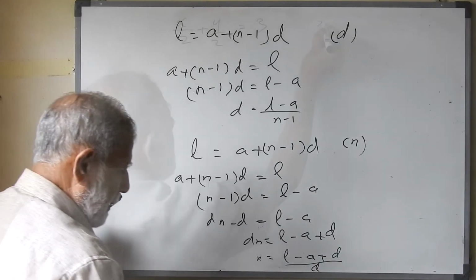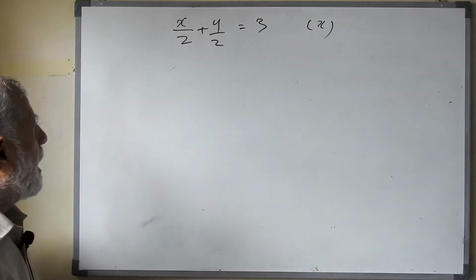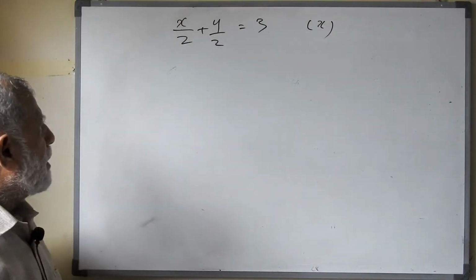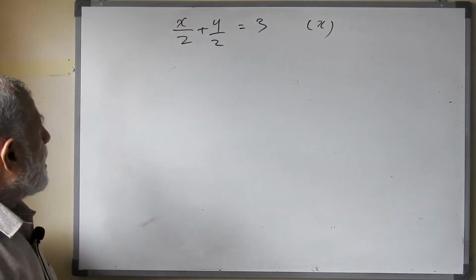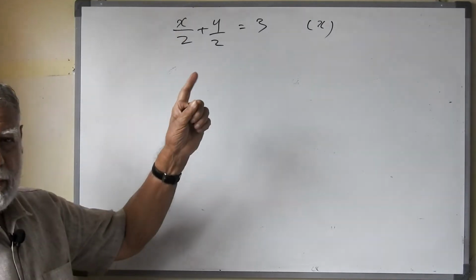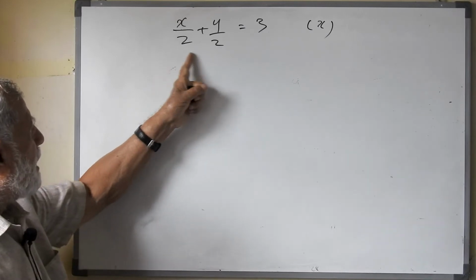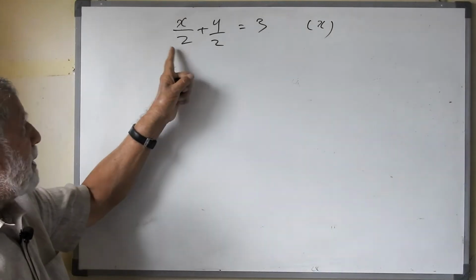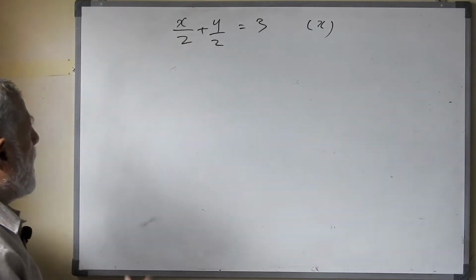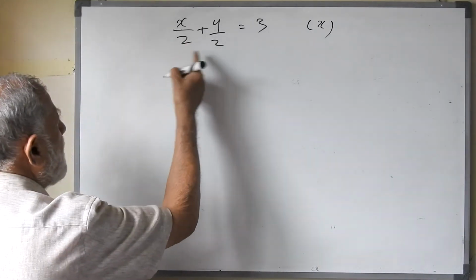We'll take another example. Look at this. x upon 2 plus y upon 2 is equal to 3. Here we have to make x the subject. So what we can do is, as we had earlier also, when there are denominators, find the LCM of the denominators and multiply each and every term by the LCM. So LCM here is 2.